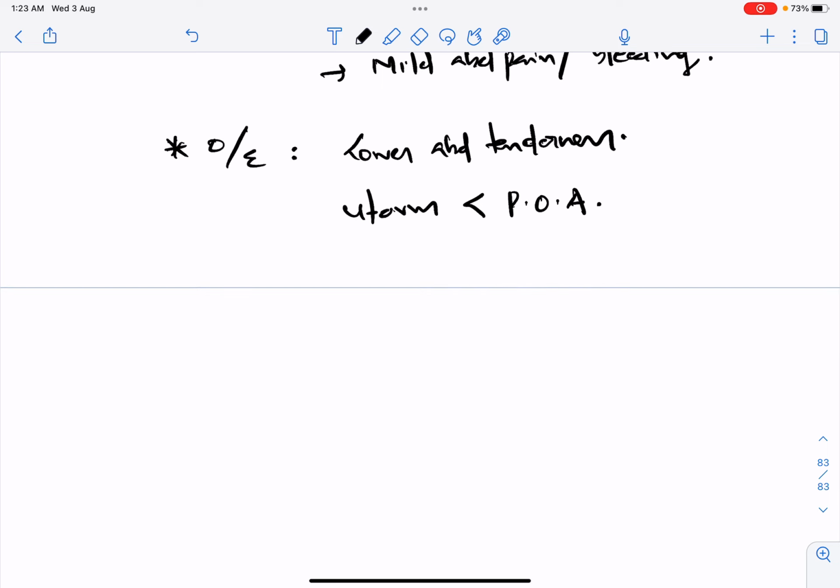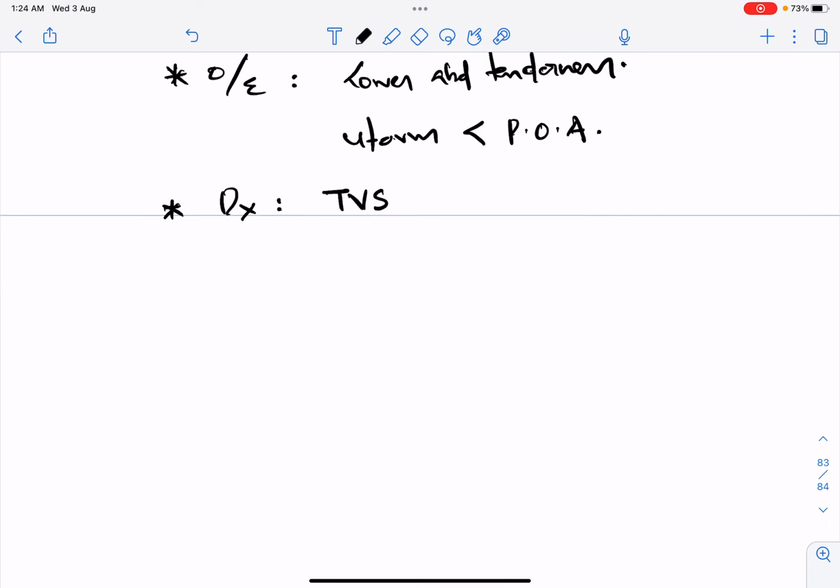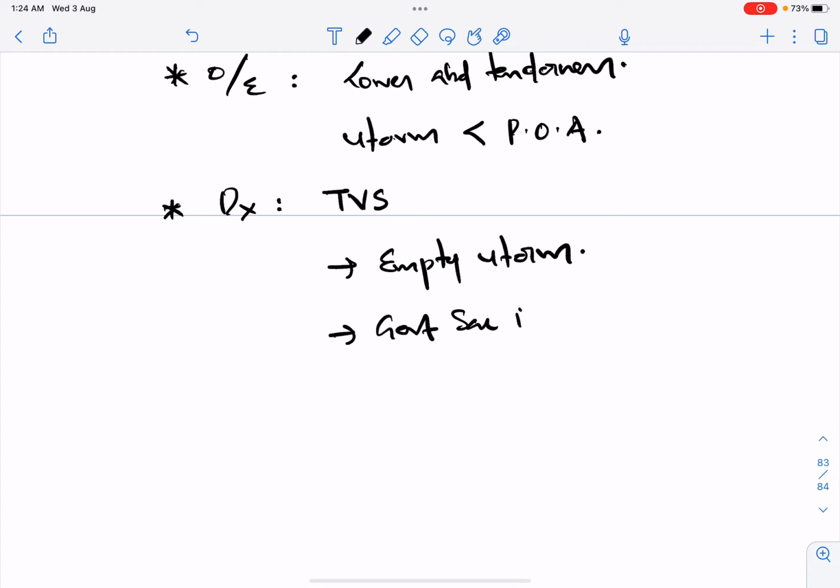And the diagnosis is made by transvaginal sonography. On TVS, the finding will be an empty uterus. On transvaginal ultrasound, there won't be any sac in the uterus. And you can see a gestational sac in other places like the tubes.